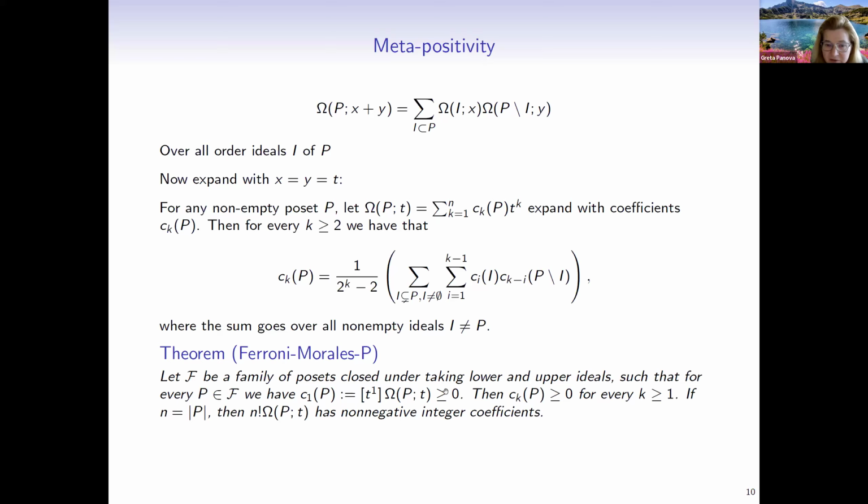If you have the linear coefficients are non-negative, then basically you have all coefficients are non-negative. And actually, if you scale them by n factorial, they become integers, the coefficients of the order polynomial. So that's then n factorial times the order polynomial has non-negative integer coefficients.